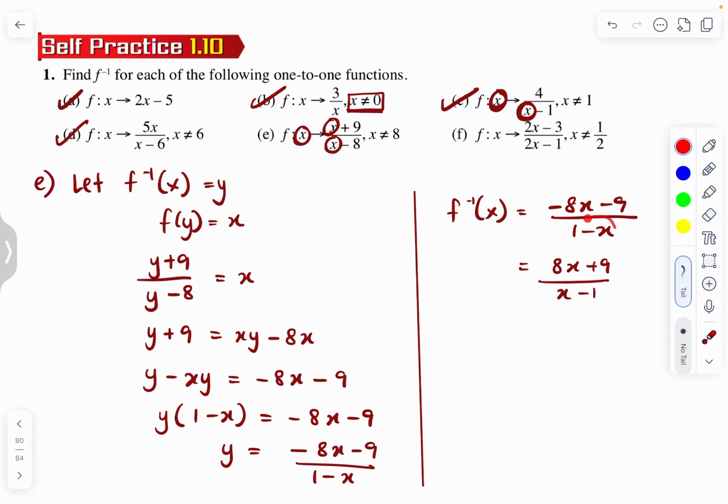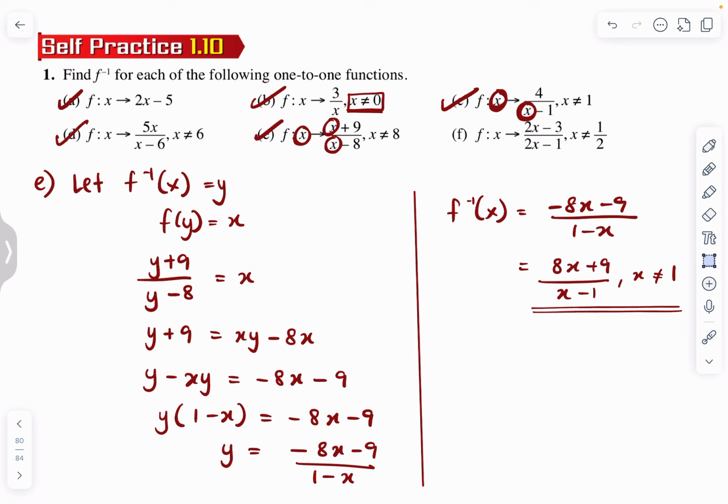Negative x will become positive, positive 1 will become negative. Then don't forget your condition. In this case, if x is 1, 1 minus 1 will become 0. So x cannot be 1.